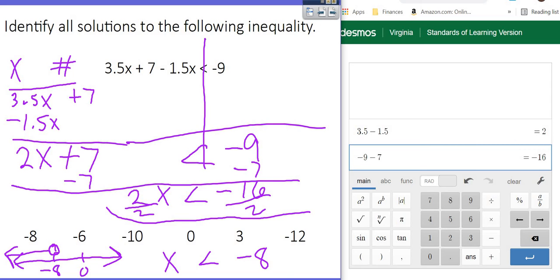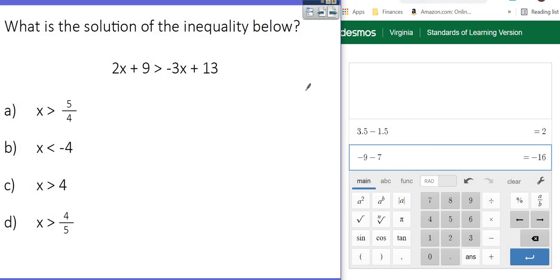So everything smaller than negative 8 is an answer. It cannot be equal to. Negative 6 is bigger. Negative 10 is smaller. That's a good one. 0 is bigger. 3 is bigger. And negative 12 is smaller. So you've got 2 answers there. Negative 10 and negative 12. Let's look at the next one.